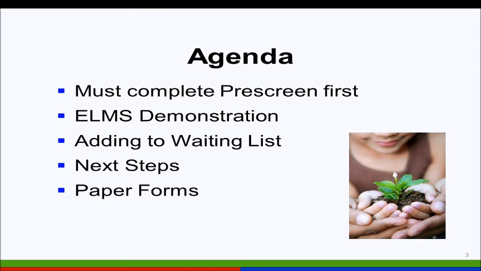There's no way to go into the application directly unless a pre-screen is completed. If you need more information on this, please see the training module on completing a child pre-screen in ELMS.